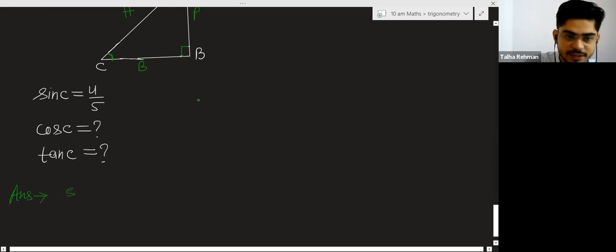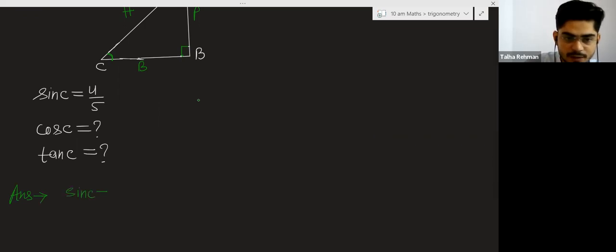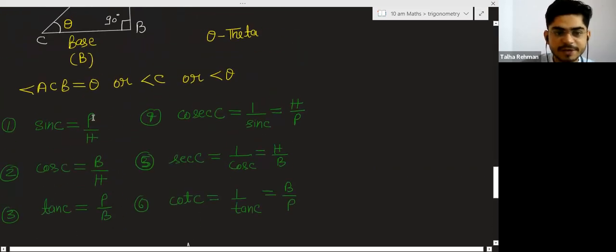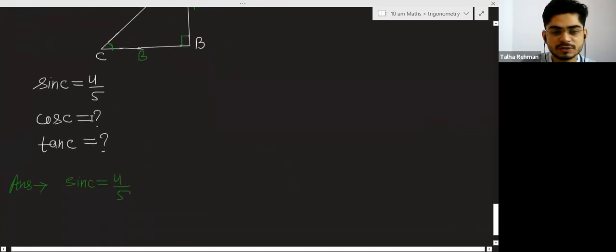So sine C is given as 4 divided by 5, and sine of any angle is given by perpendicular divided by hypotenuse.